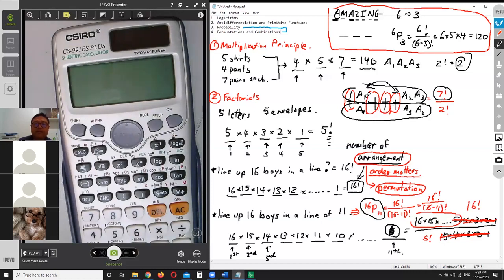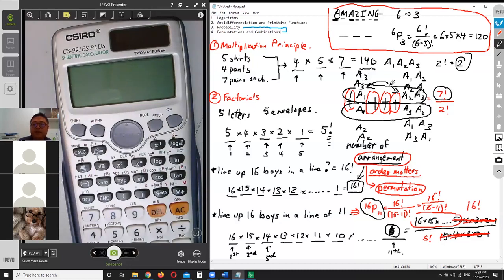There'll be 6, 3 factorial, because you can have a situation where it's A1, A2, A3, A1, A3, A2, A2, A1, A3, A2, A3, A1, A3, A1, A2, A3, A2, A1.